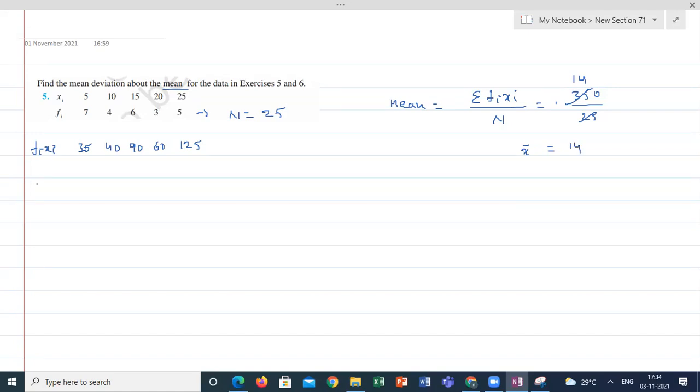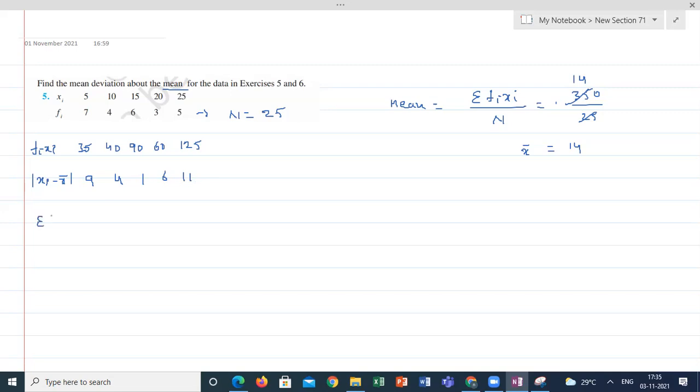Now, once you have the mean value, it's easy. You have to calculate the absolute value of all the deviations with respect to the mean. So 14 minus 5 is 9. 14 minus 10, it is 4. 14 minus 15, it is 1. 14 minus 20 is 6, 14 minus 25 is 11.